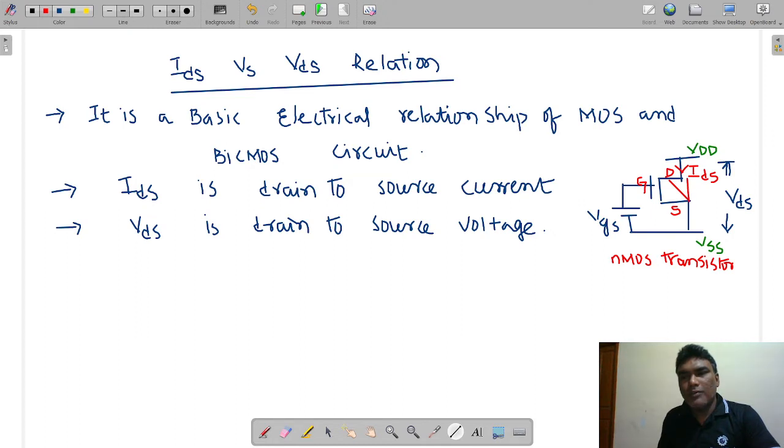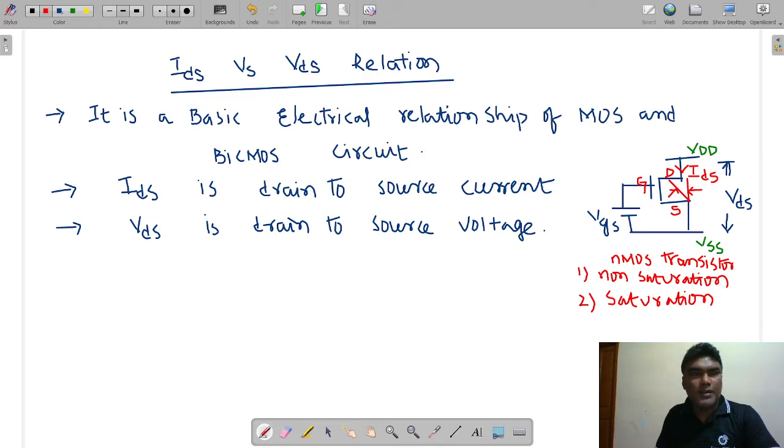In the first one, the non-saturation region, an inclined channel exists. In the second one, the saturation region, a flat channel exists. This is the saturation region in the symbol representation.